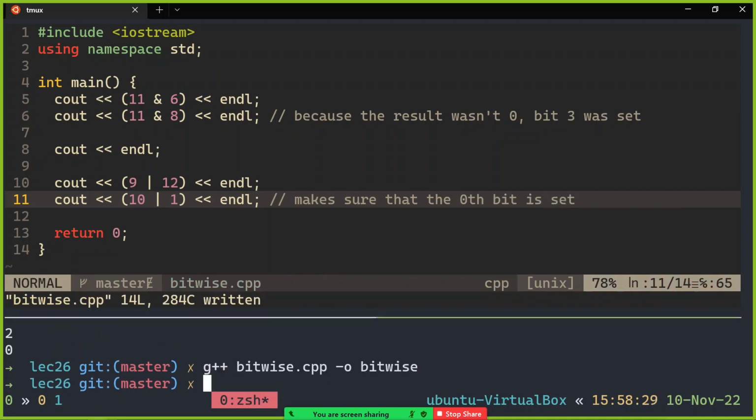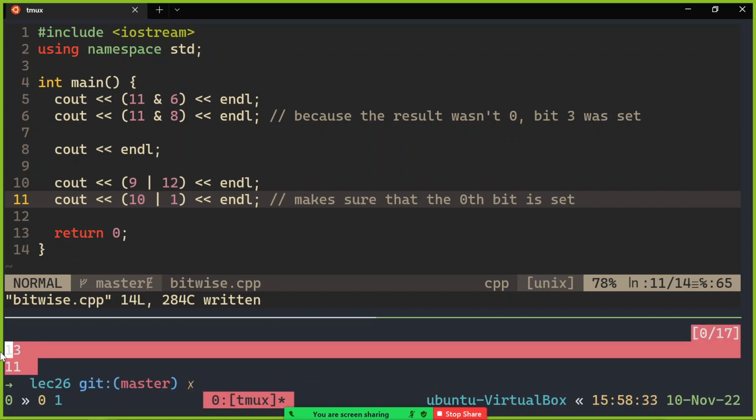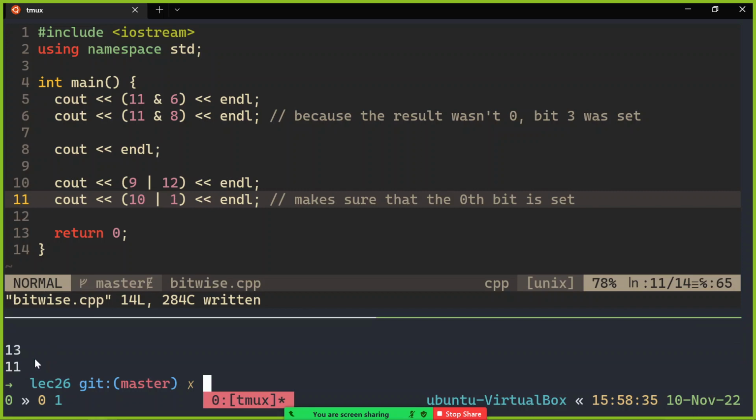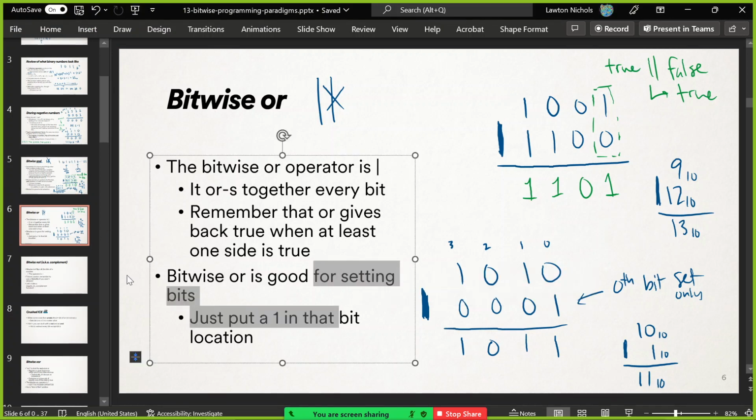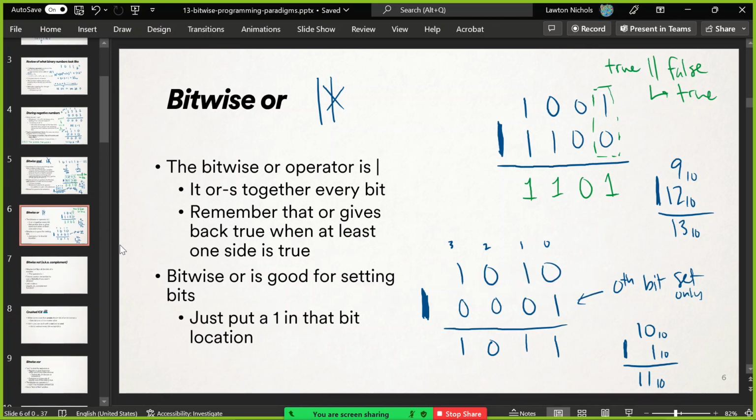And the resulting numbers, when you think about them in binary, it makes sense, but in decimal land, maybe it doesn't. We get 13 and 11. All right, so that's bitwise OR. It's good for setting bits, and is good for extraction.